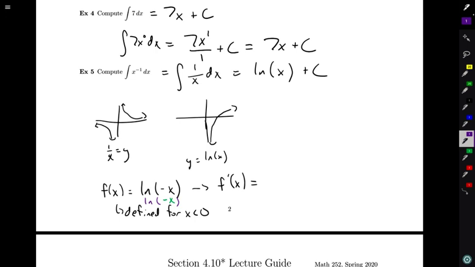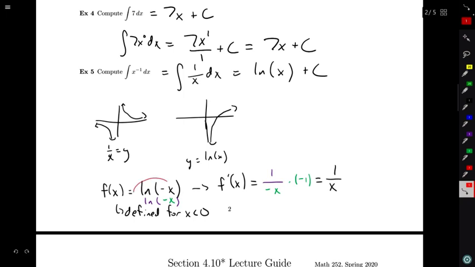So the derivative of natural log of stuff is 1 over that stuff, and I need to multiply by the derivative of the inside, and the derivative of minus x is minus 1. So putting this all together, I have a negative 1 in my numerator, a negative 1 in my denominator, which cancels out, and I'm left with 1 over x. So the derivative of this function natural log of minus x here is also 1 over x.